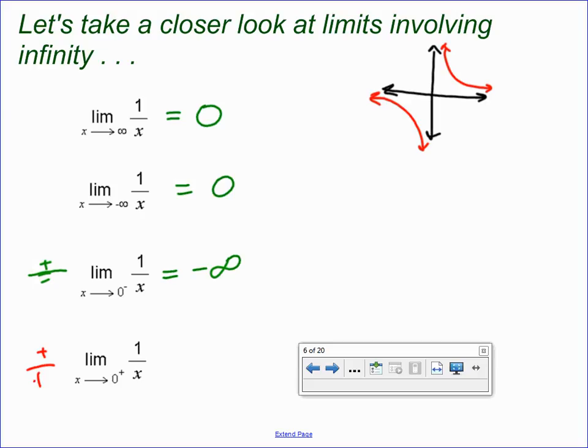So positive divided by positive overall is positive. That's my analytic evaluation that this is positive infinity. You see? So you can do it with or without a graph, right? If you're comfortable with function behavior, that's great, but you might not have such a nice function like 1 over x. Yes? So the sign test can be very useful. In fact, we'll use it a lot when we get into our graphical behavior using calculus.